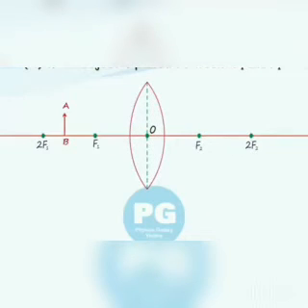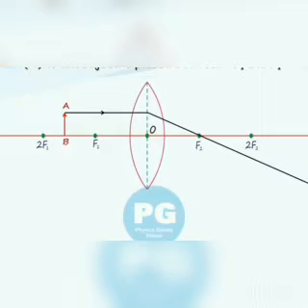Now we can consider the next position of the object, that is between 2F1 and F1. Here also we will be having the straight parallel rays to the principal axis. After touching the surface of the lens, they will undergo refraction and pass through F2. Consider the next ray of light which is passing through the optical center. What will happen to the ray of light that passes through the optical center? It will go undeviated.